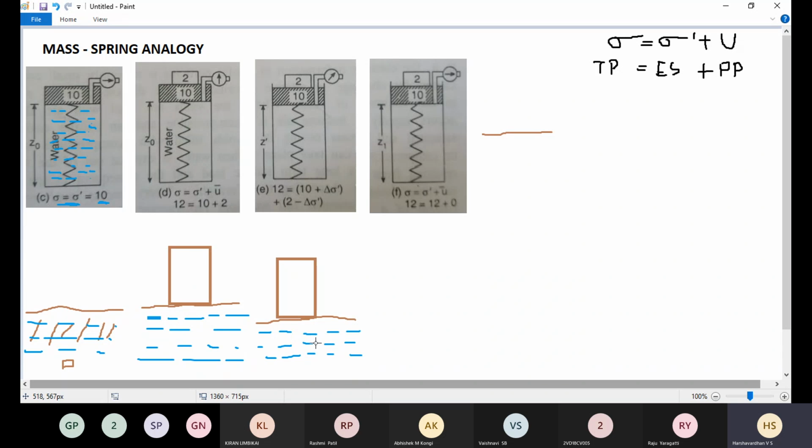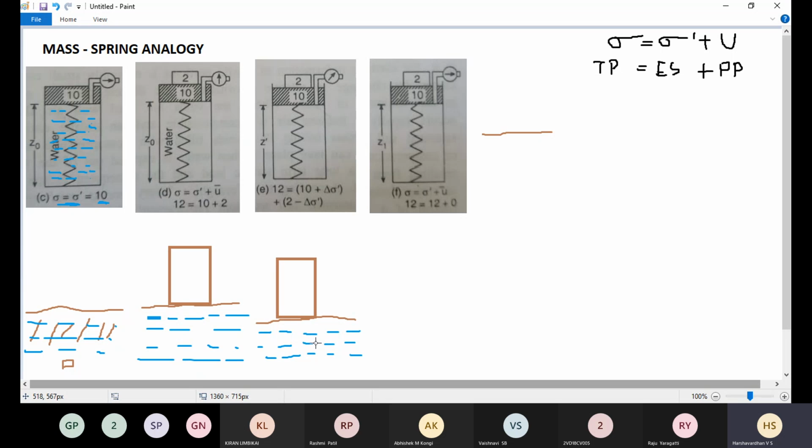And as the water escapes out of the system, the load transfer takes place from the water to the soil till the soil strata is deformed by the full amount corresponding to the applied stress increment or the applied pressure.